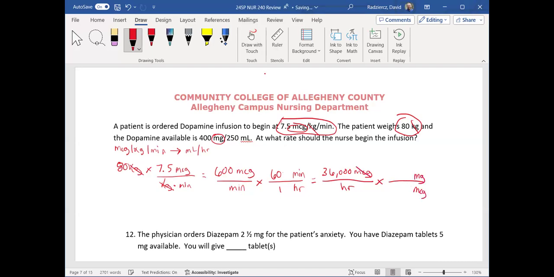The reason we're doing this is because I need to be in the same units in order to continue the math. So you know that 1 milligram is the same thing as 1,000 micrograms. That's going to give me 36,000 divided by 1,000, 36 milligrams per hour.